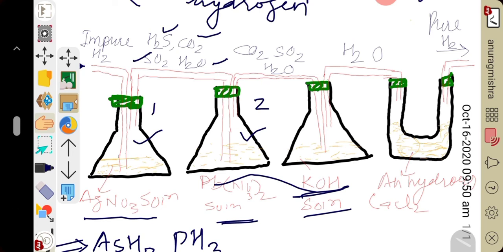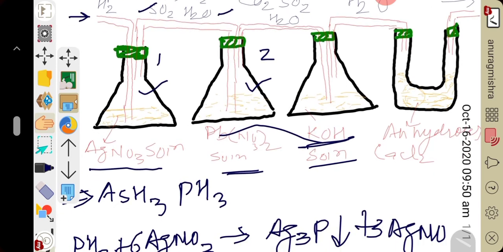We all know prepared hydrogen gas contains impurity in the form of arsine, phosphine, hydrogen sulfide, CO2, SO2, water vapor, and oxide of nitrogen. First of all we passed impure hydrogen gas through the conical flask containing silver nitrate solution. Silver nitrate solution has affinity for arsine and phosphine.